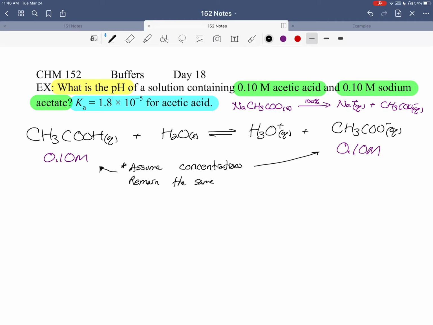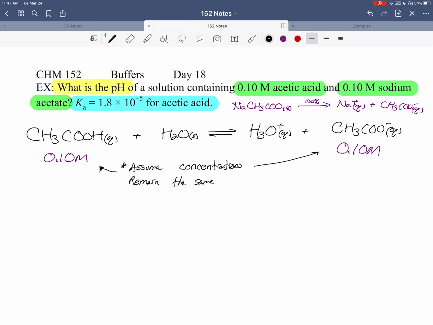Because we already talked about this in a previous lecture, that the acid doesn't really ionize that much, and the base doesn't really hydrolyze that much. So we're just going to ignore both of those and say that it's a wash, and just say we both have 0.1 molar acetic acid and sodium acetate, or acetate in this case.